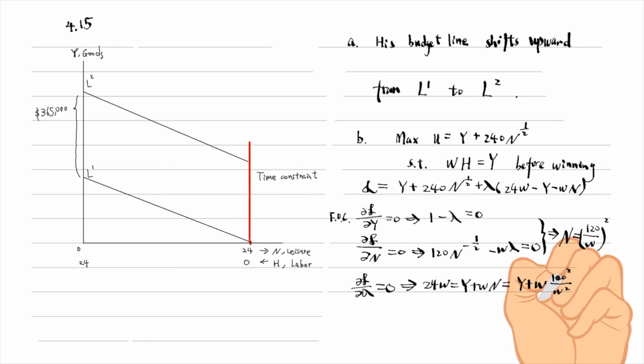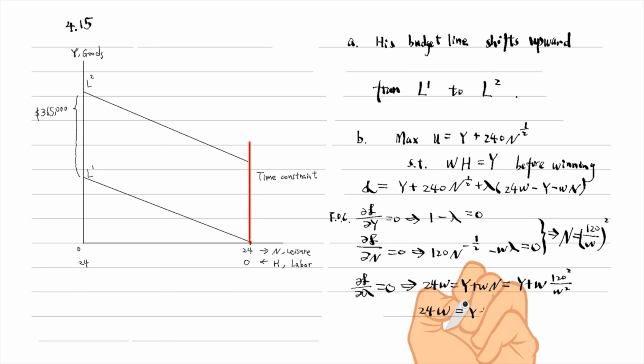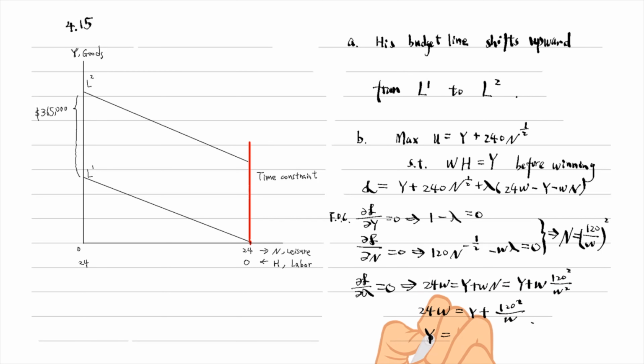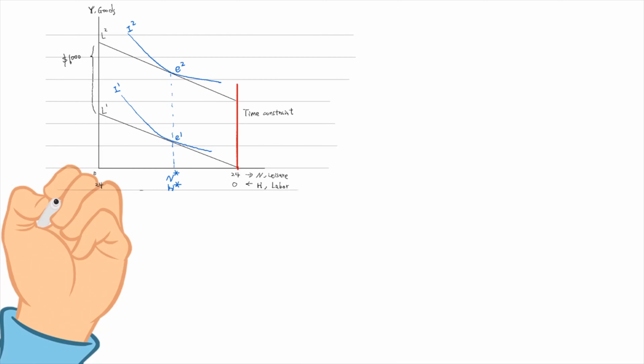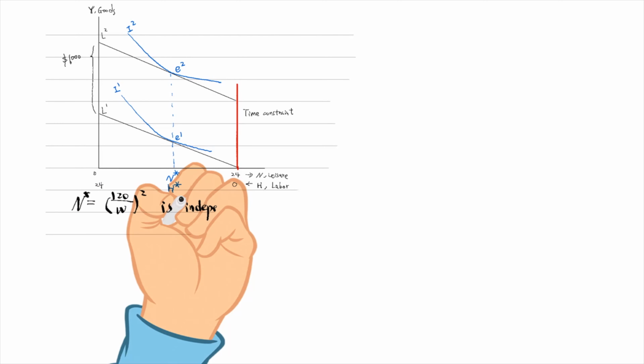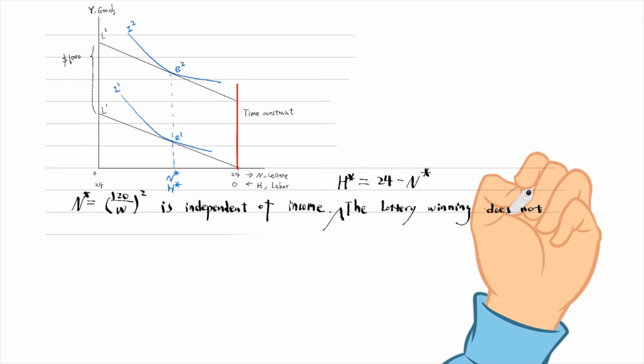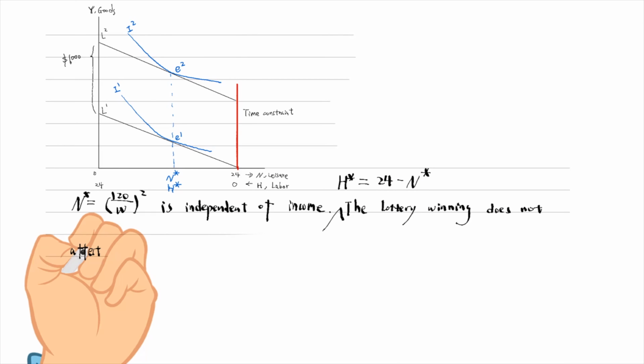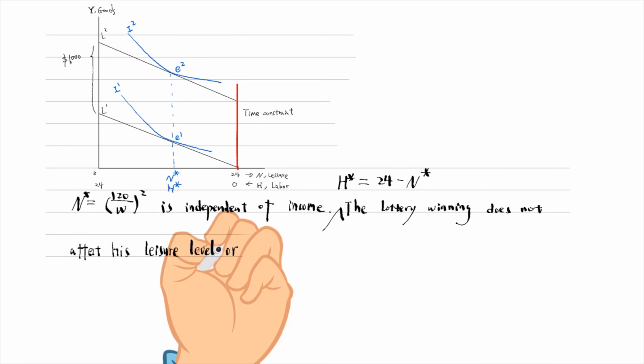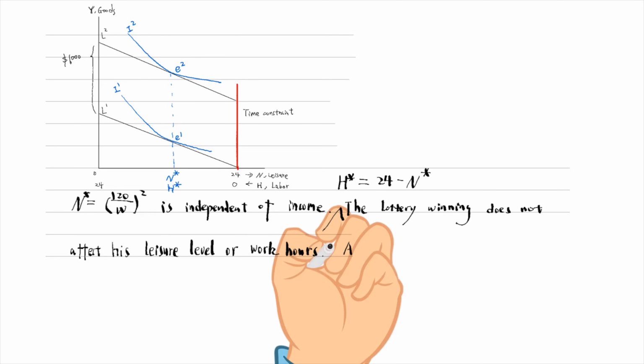Plugging it into the budget constraint gives the solution for the optimal amount of goods. We find that his leisure consumption is independent of income. So the lottery winning does not affect his leisure or work hours.